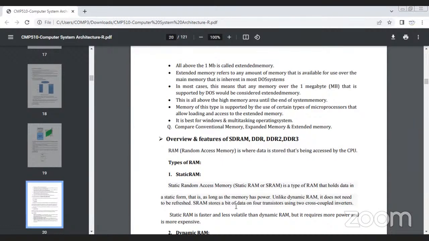The CPU must take into account the delay in the response of the memory. Okay, now the next part of DRAM is synchronous DRAM.